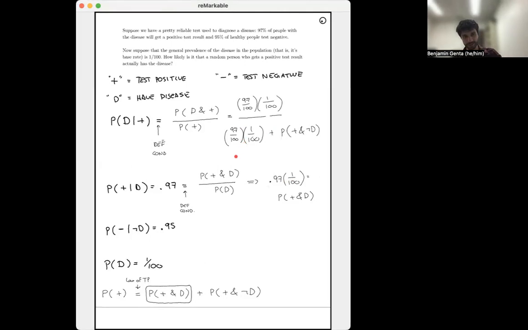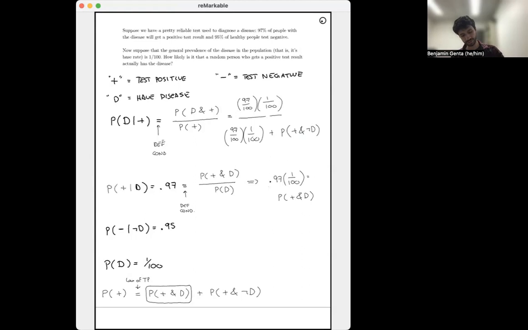How do we get this? Well, this is just from over here. So now what we're going to figure out is this part over here: the probability of testing positive and not having the disease. And once we get that, then we're done.